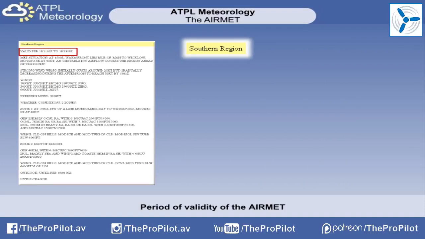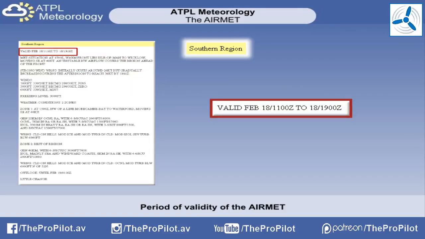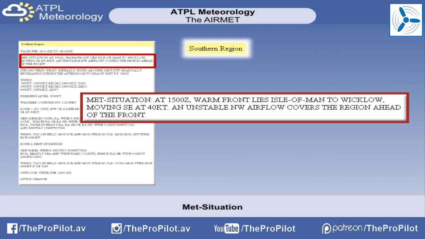The first line of our AirMet is a description of when the forecast is valid. In our example, the product is valid from 1100 to 1900 UTC on the 18th of the month. The next section of text is a short description of the meteorological situation which will affect the area of the forecast.